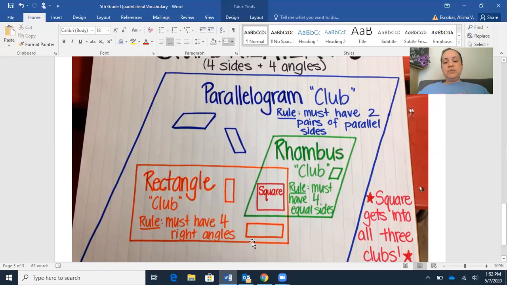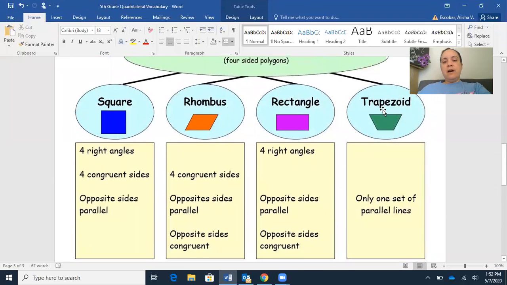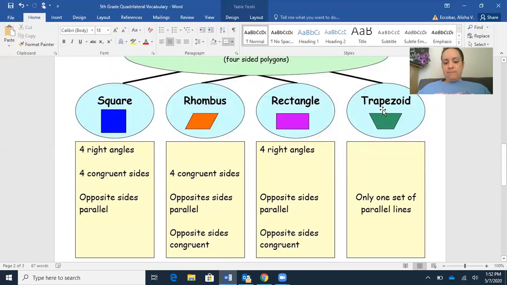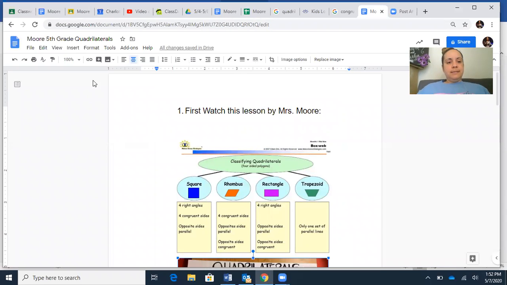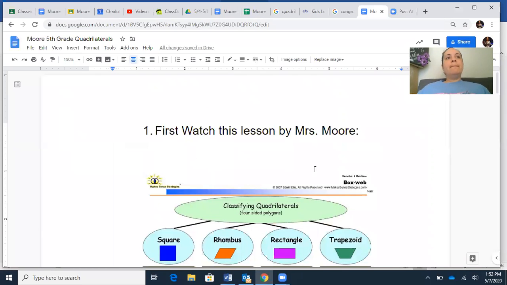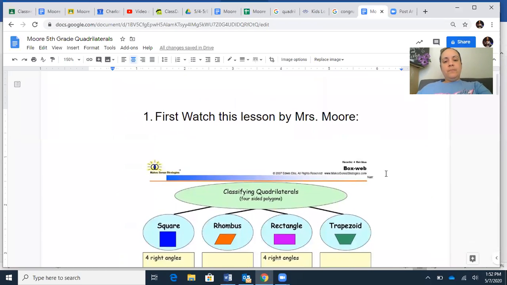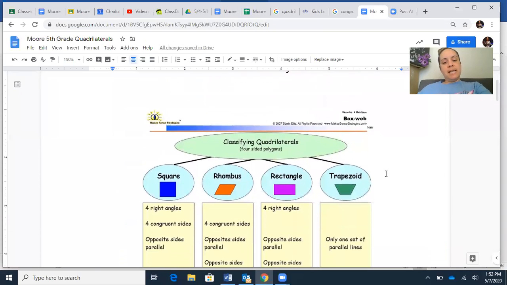So make sure that you use this chart and this chart on your classwork assignment. So now I'm going to click over to the classwork for today. Zoom in a little bit. So first you're going to watch this lesson.